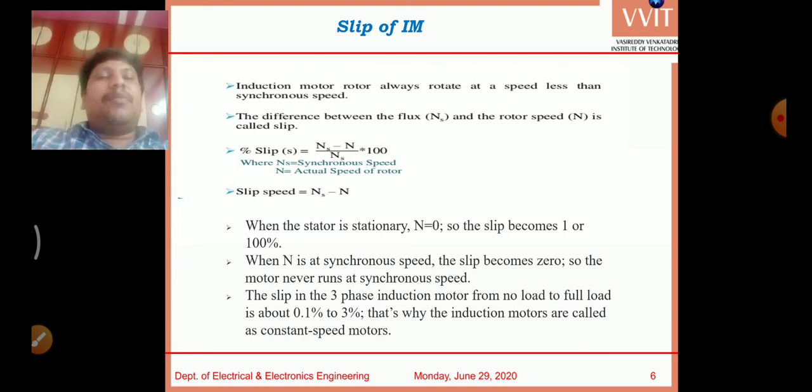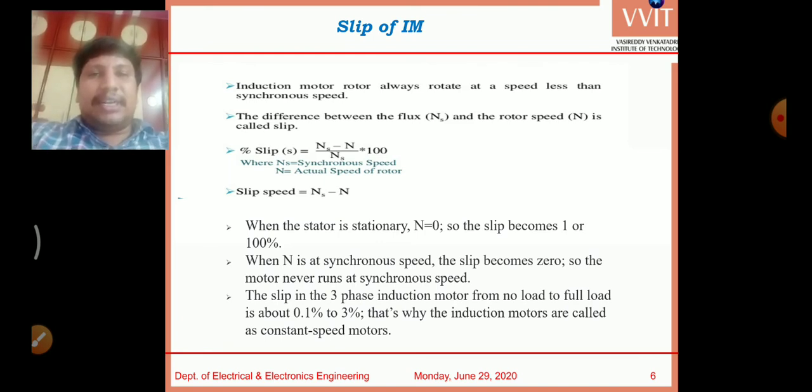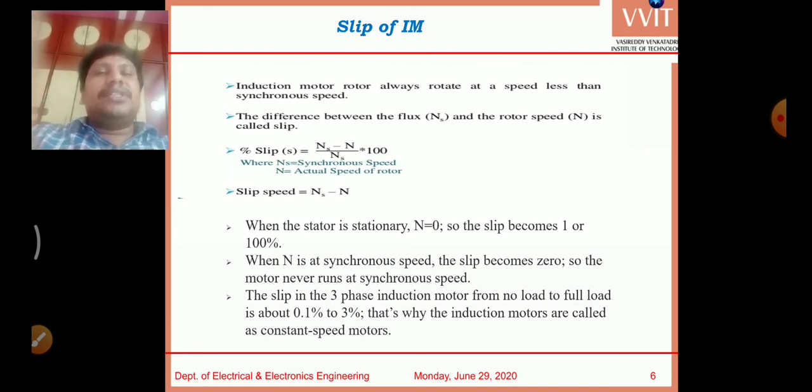When the motor is at rest, that is, the induction motor is not running at the time of starting, the rotor speed is 0. That means we are not giving any supply to the stator winding, so the motor is at rest. In this condition, the rotor speed N becomes 0.